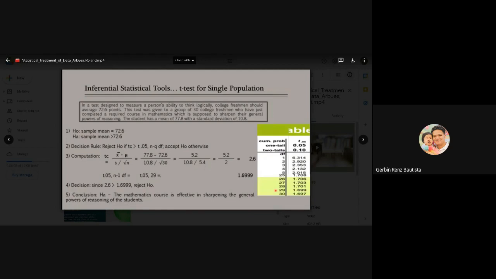77.8 minus 72.6 divided by 10.8 over the square root of 30 to come up with the computed t-value of 2.6.